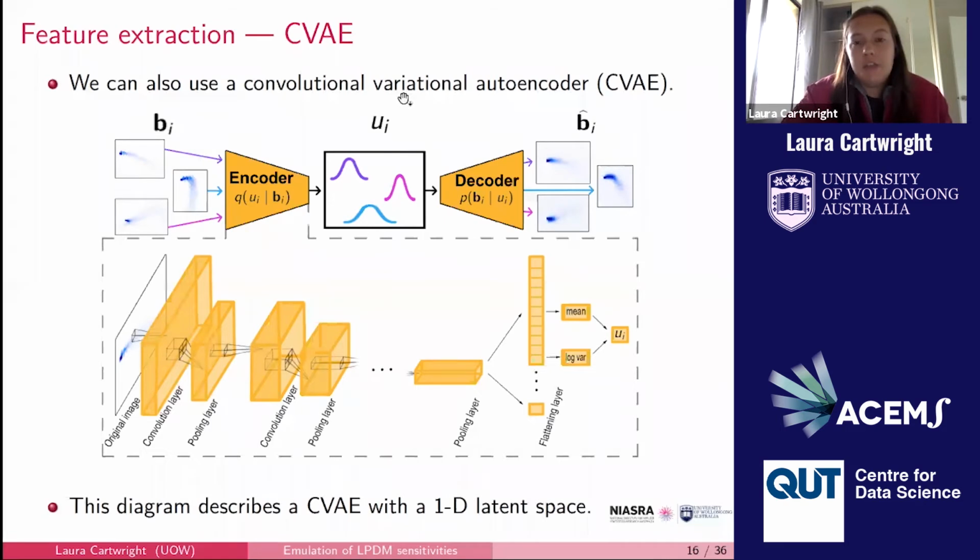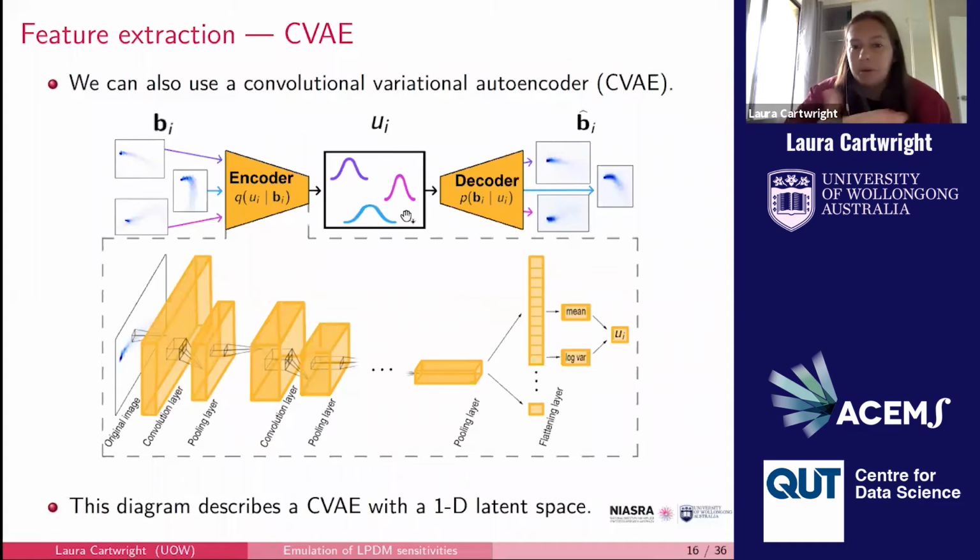Now the variational part is literally just from variational Bayes, because what we do is we treat this decoder here as our likelihood. So we say, given the current values of the parameters, what do our reconstructions look like? And then we set a prior on this latent space, which is just a standard Gaussian.